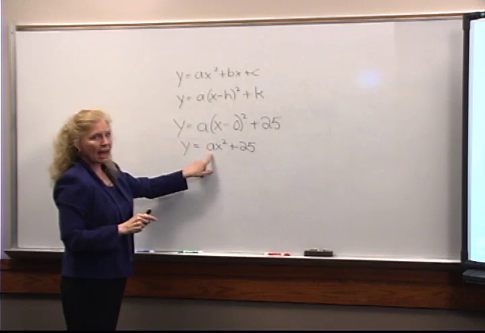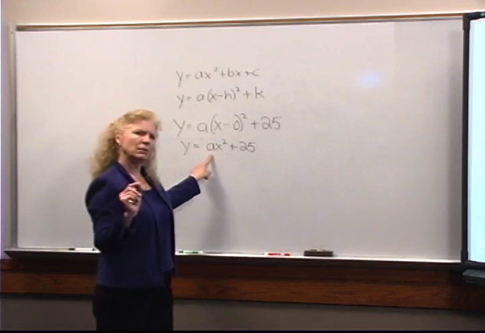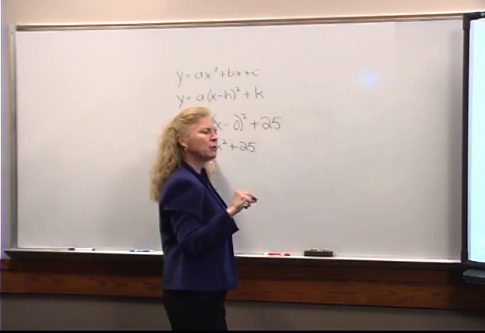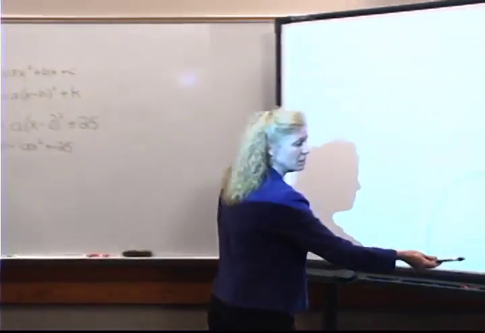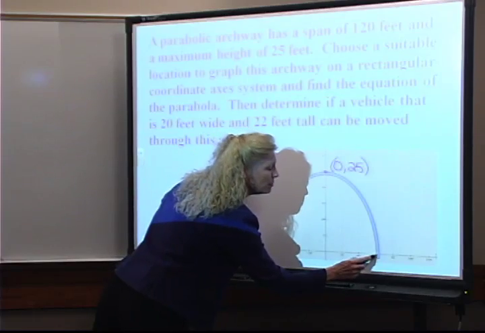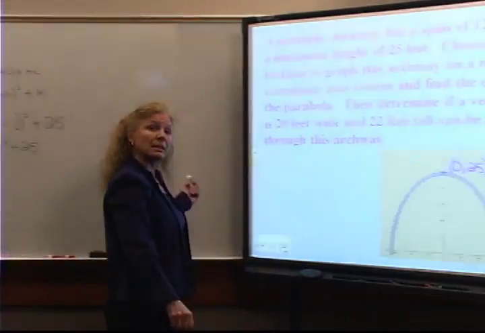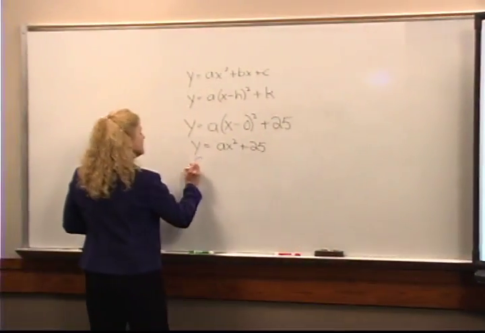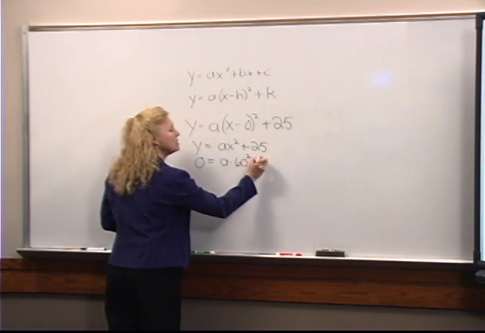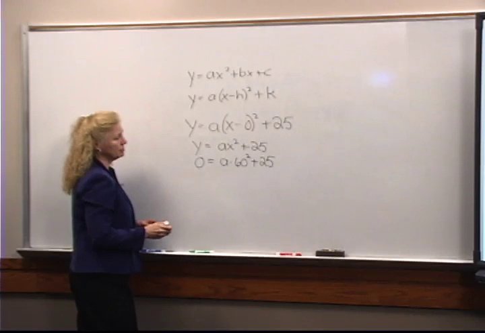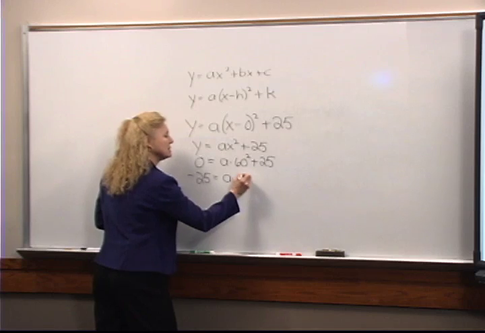Now, I want to find out this a value in order to have the equation. So I do something that you guys have done in the past with linear equations. I essentially get another point. I say, well, 60, 0 has to be a solution to this equation, so let's put it in. 0 equals a times 60 squared plus 25. So negative 25 is equal to a times 60 squared.